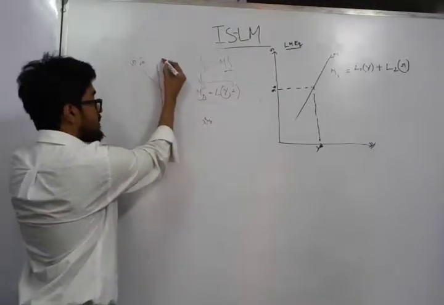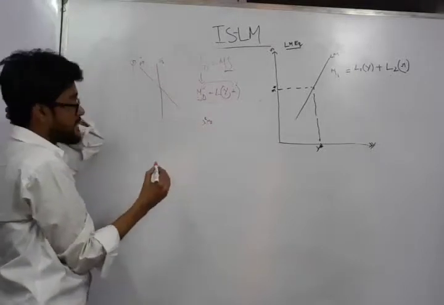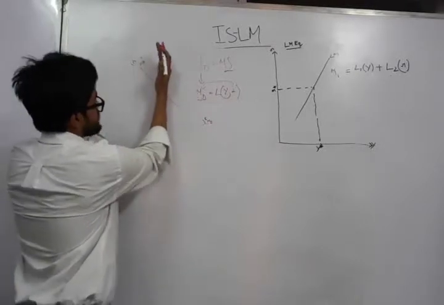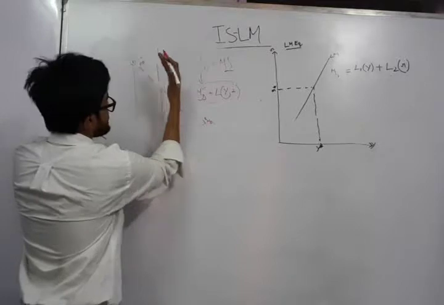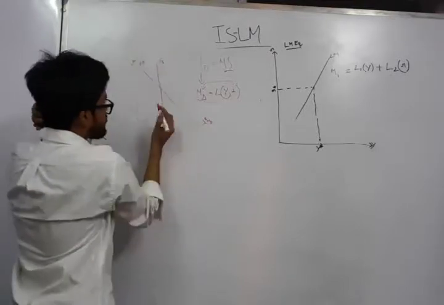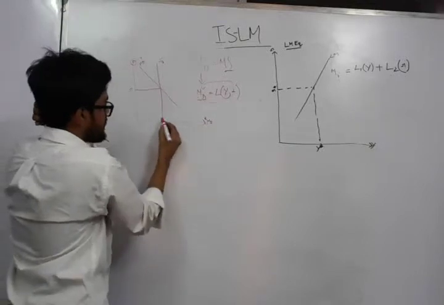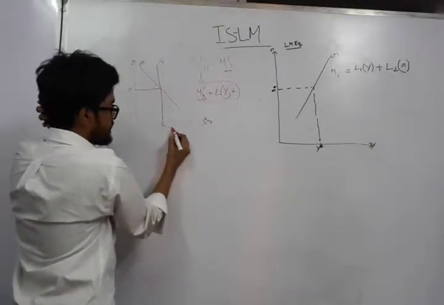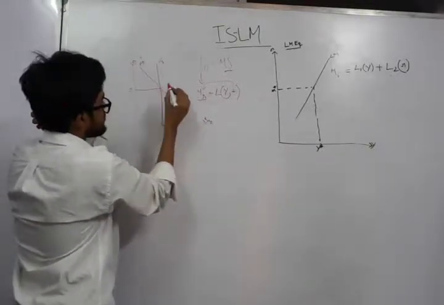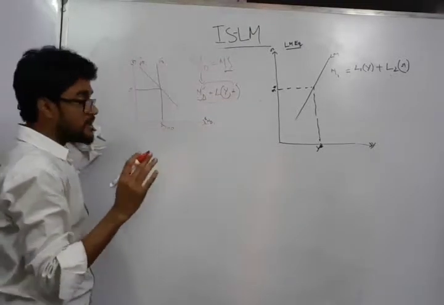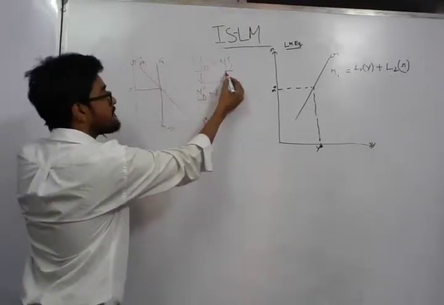So we give a bar sign here on MS. So the money supply curve is a vertical straight line and the money demand curve is a negatively sloped line. Here we get the equilibrium interest rate and the quantity of money demanded. This is the equilibrium of money demand and money supply.